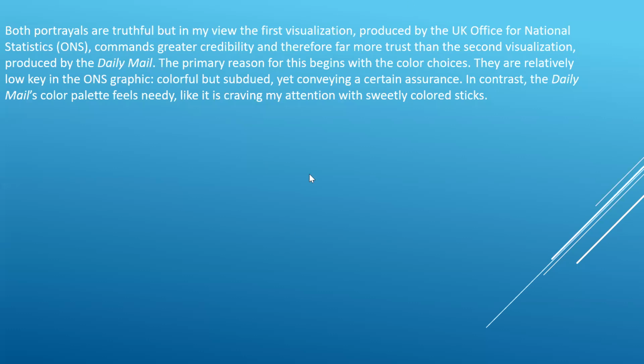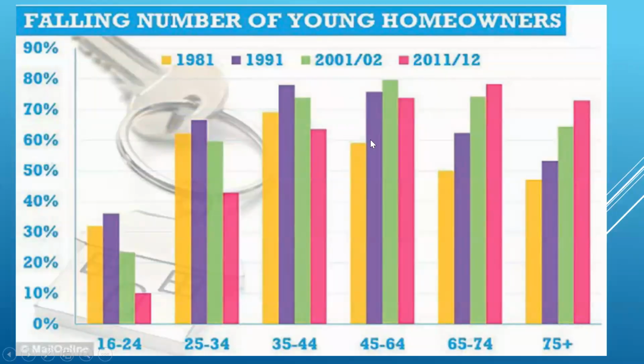They weren't satisfied with the type or the representation of the data. This is something else. This is the falling number of young homeowners. So this is the contrary of the other one. The main difference between this chart and the previous one, first of all, is the design.